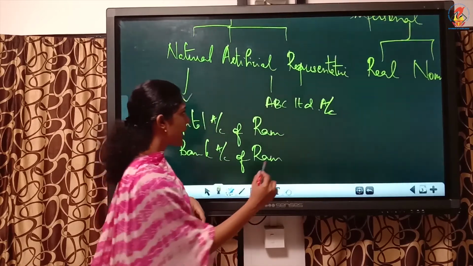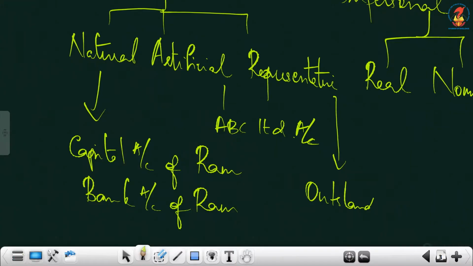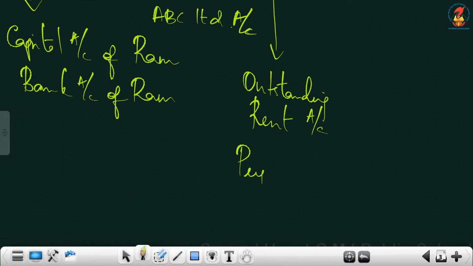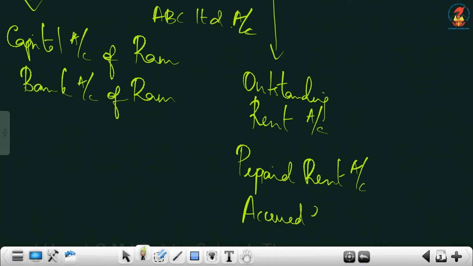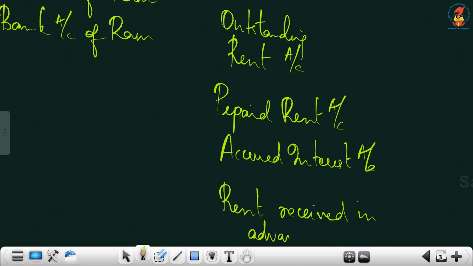Representative personal, the example what we can write is outstanding rent account, or we can write prepaid rent account, or accrued interest account, then rent received in advance account. All these are examples of representative personal account.